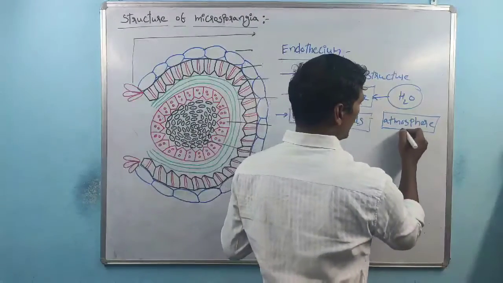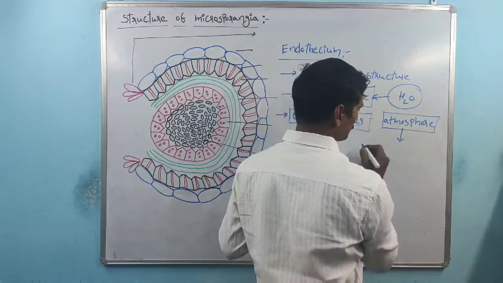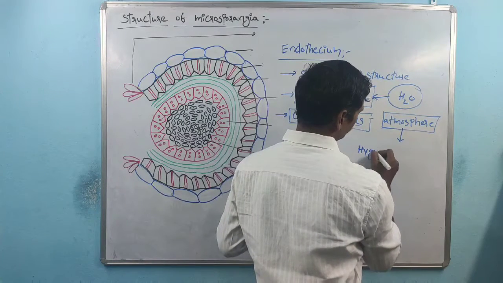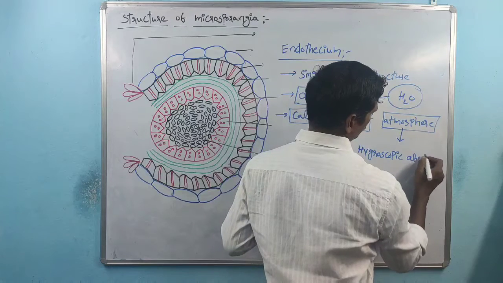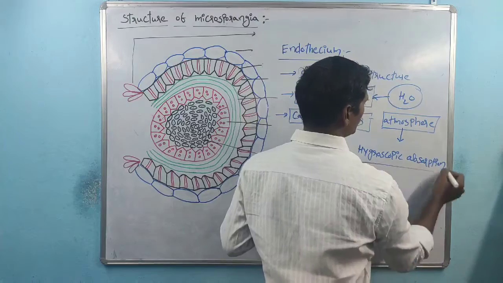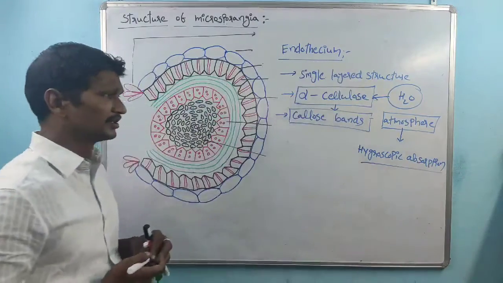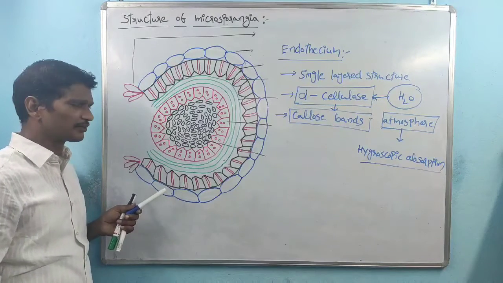This step is called hygroscopic movement or hygroscopic absorption. So this special tissue has the capacity to absorb water from the atmosphere.